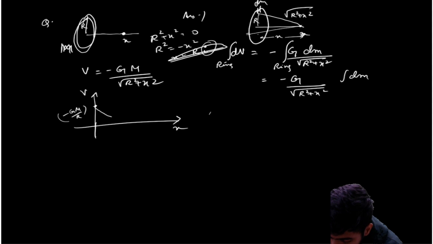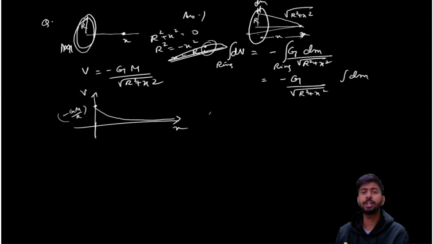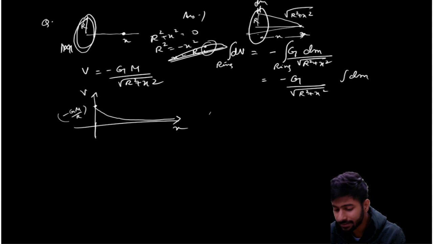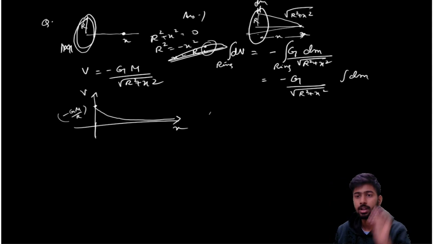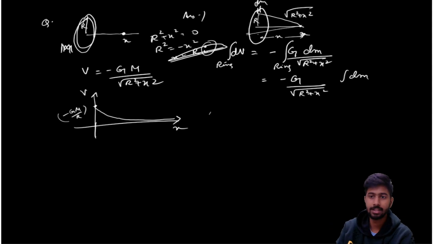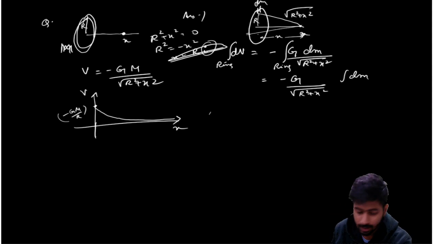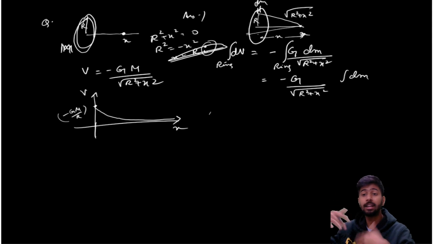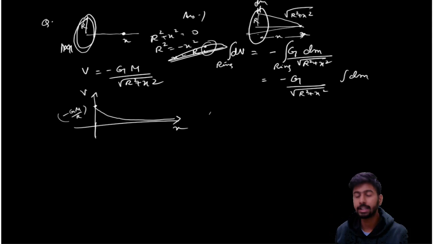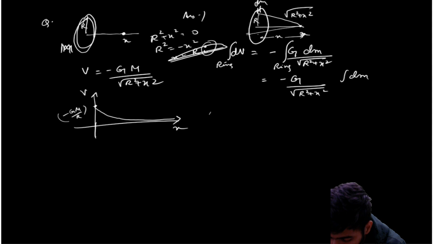That means it will be something like this. This is the potential versus x function, right? Don't get confused with the graphs. Look at the graphs in the options, substitute the values, check how the graph is behaving, and then choose the simplest graph. Don't get confused as to how this graph might assume different shapes. That confusion comes, so be careful about that.